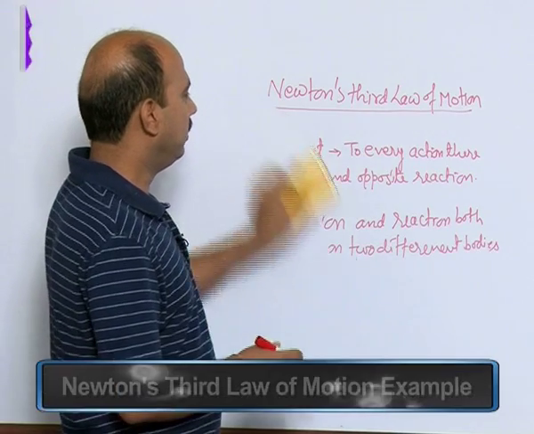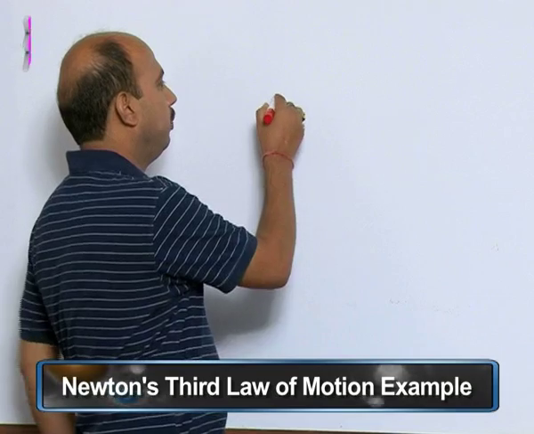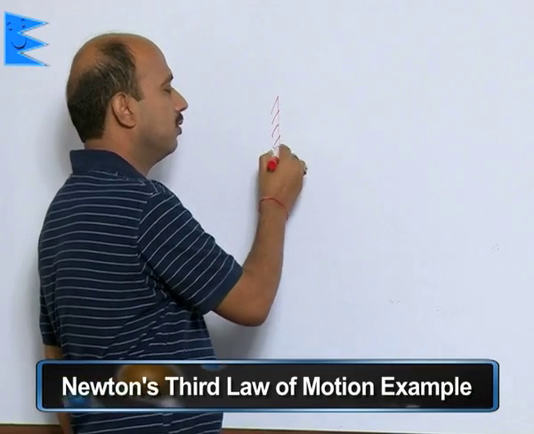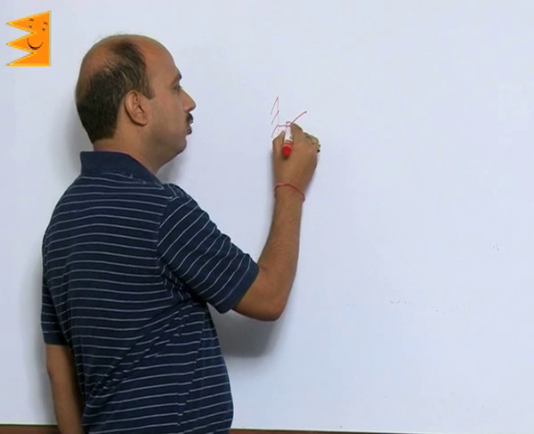See here, in another example, suppose there are two spring balances. Here you have connected one spring balance.